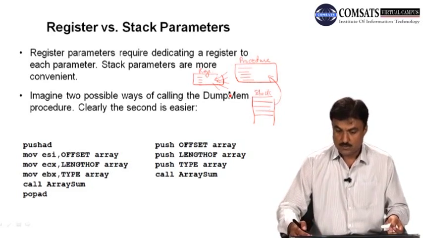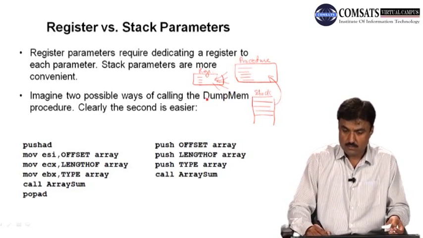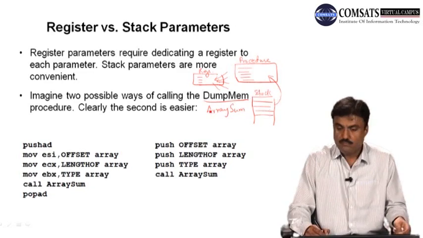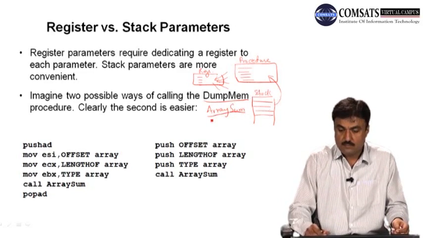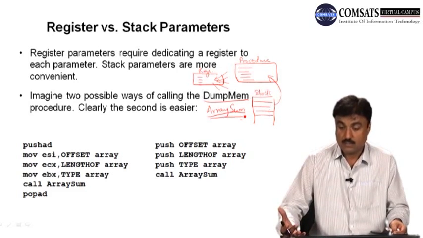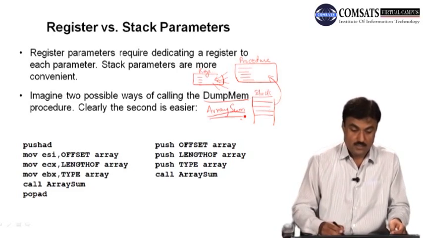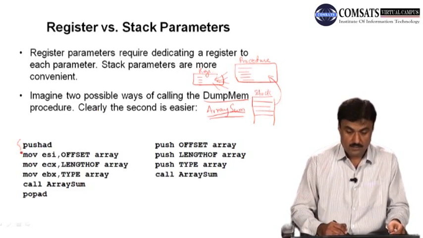So imagine two possible ways of calling a dump memory procedure. Instead of dump memory, we can say the array sum procedure. So there are two ways. Here you can see we are calling the array sum procedure.